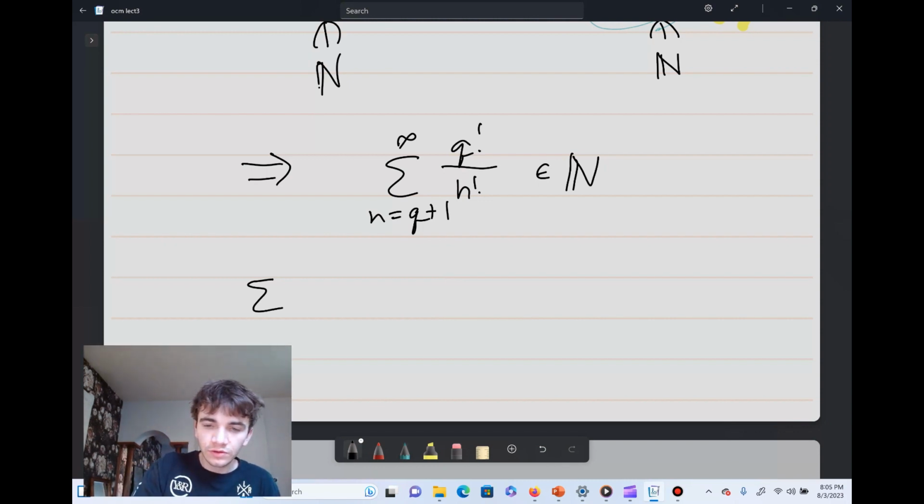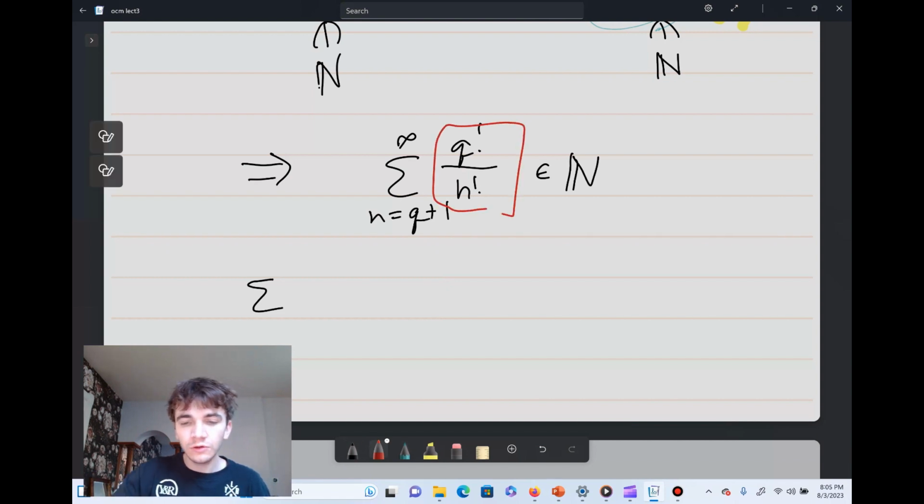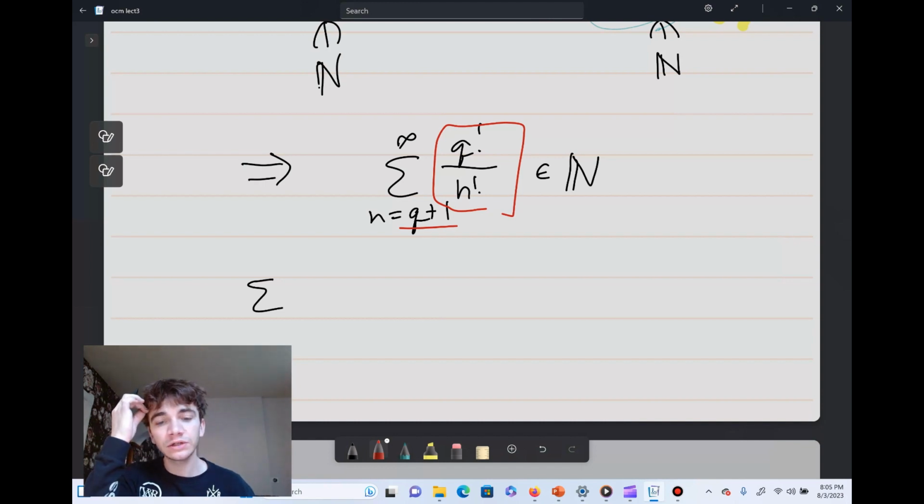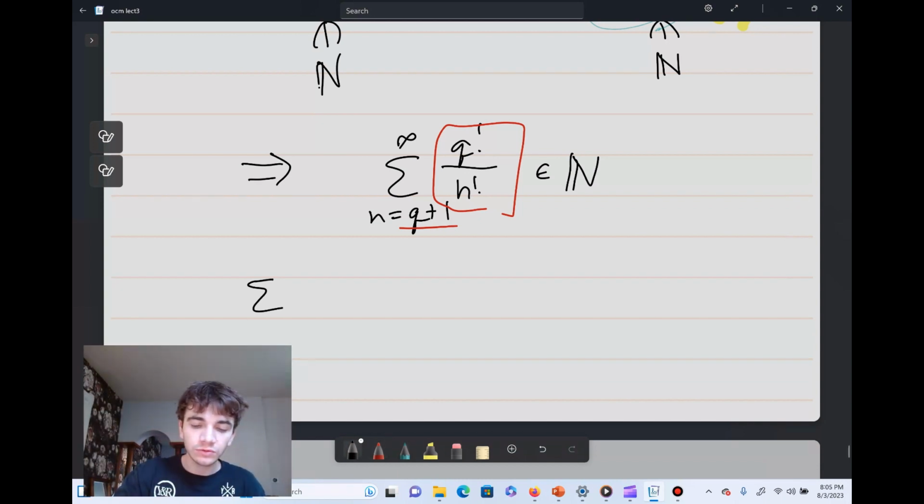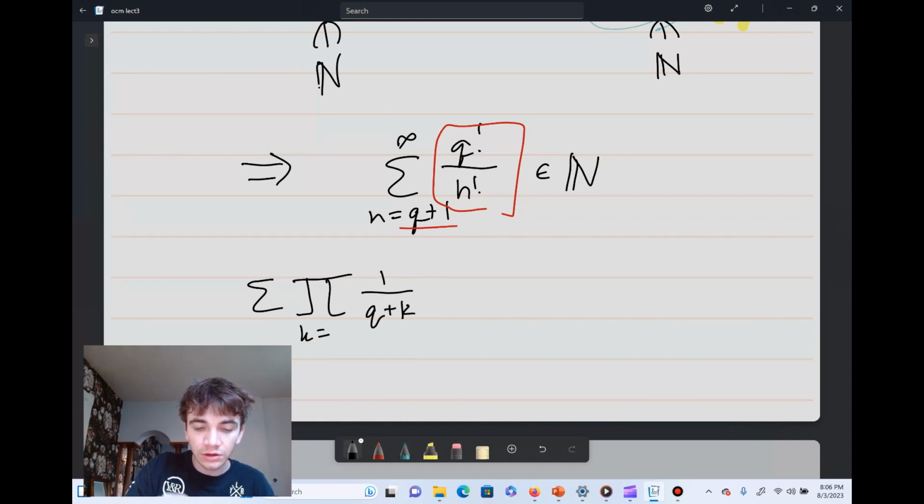So the way that I'm going to do that is I'm going to recognize that q factorial over n factorial, as I move from q plus 1 to infinity, is going to look like 1 over q plus 1, and then 1 over q plus 1 times q plus 2, etc. And so I might as well write this series as each term being the product of 1 over q plus k, where k runs from 1 to n. And now I can start the series running over n from n equals 1 to infinity here.